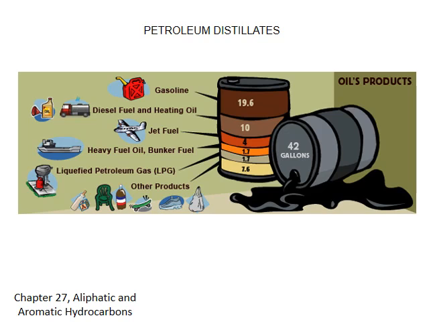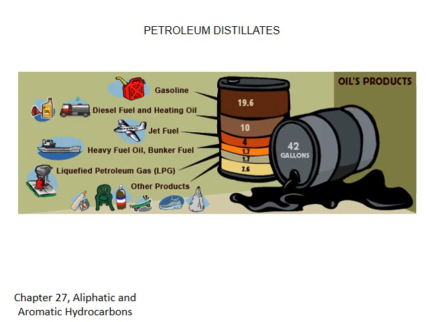Things such as various plastics such as those in bottles, those in chairs, those in shoes, and various types of products, even baby bottles. Okay, so petroleum distillates, whether we think of them often or not, are very ubiquitous in our world, and in a lot of cases make our lives more convenient.